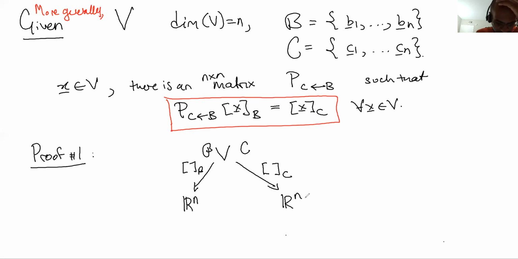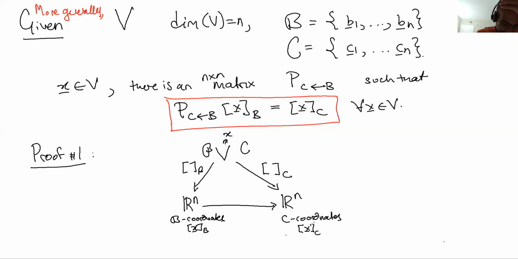So I have two different isomorphisms between V and Rn, and now I'm asking, is there a way to go from one to the other? This is interpreted as a space of B coordinate vectors, and the vectors in here are C coordinates. So x lives up here, x sub B lives down here, and x sub C lives down here.